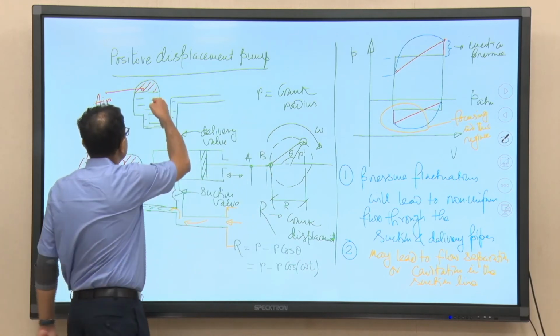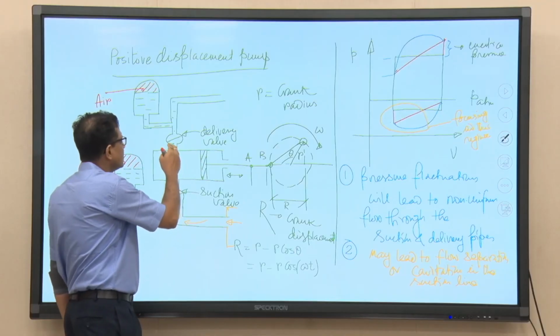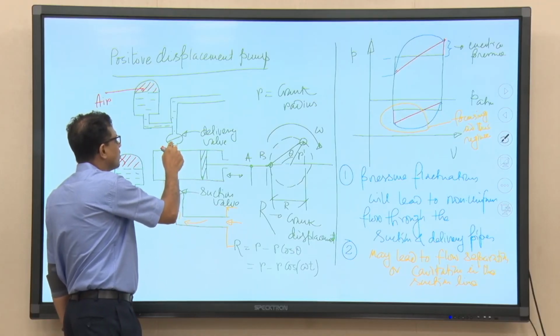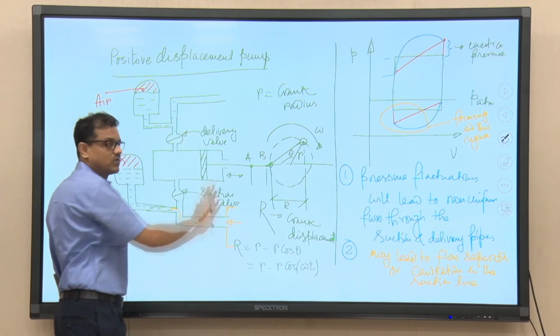So, for the delivery side air chamber, when the piston is moving from location B to location A at the beginning of the delivery stroke, the liquid inside the cylinder will experience a higher force because of the thrust, and that force will lift up the valve seat of the delivery valve. So, liquid will move towards that.